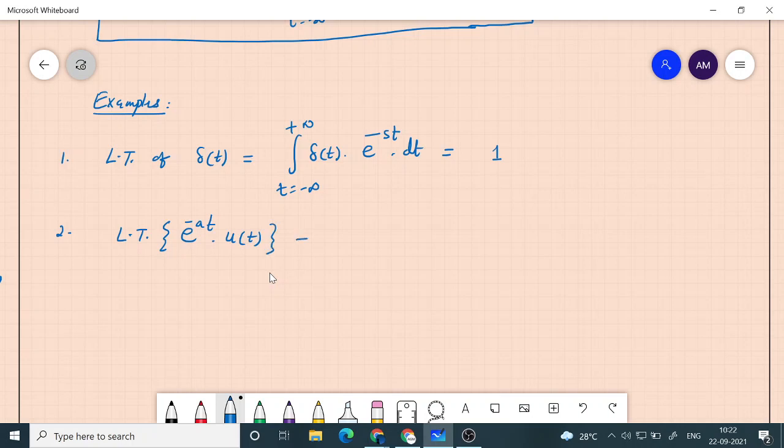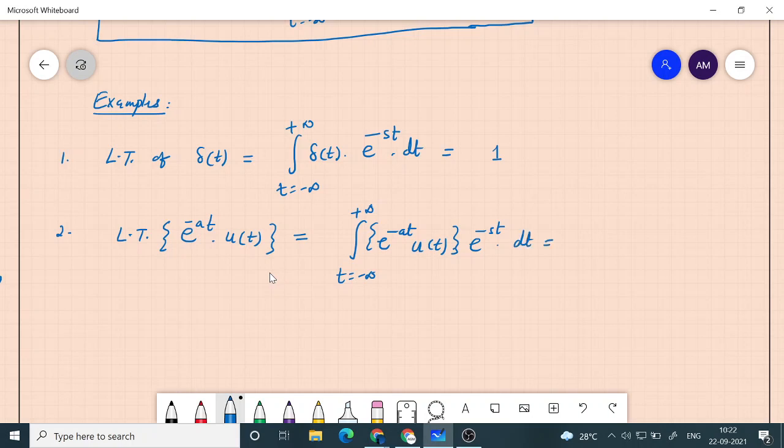Let's take this. What will we get? Just substitute, integral t going from minus infinity to plus infinity, substitute e raised to minus at u of t into e raised to minus st. So here we have substituted the given function.